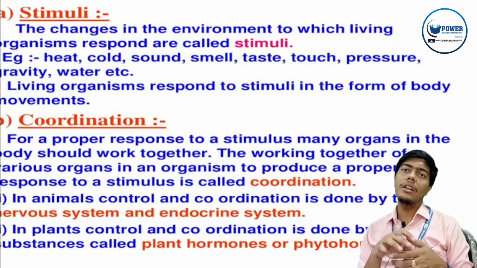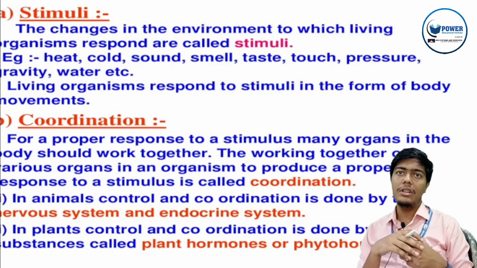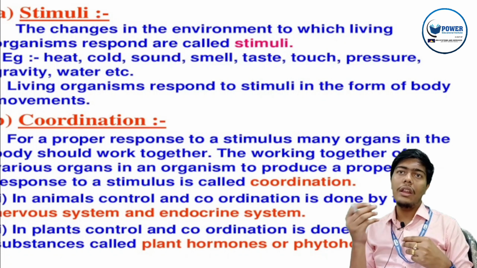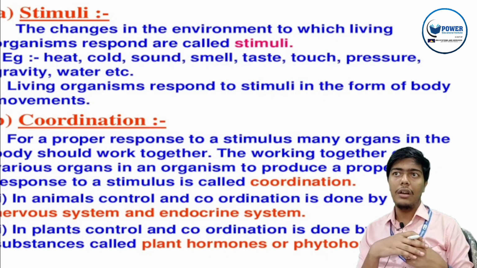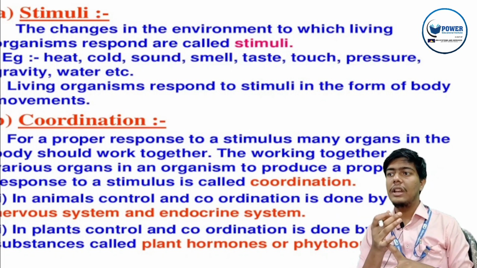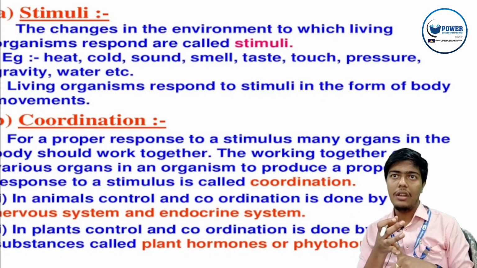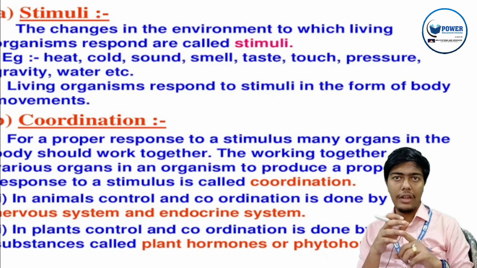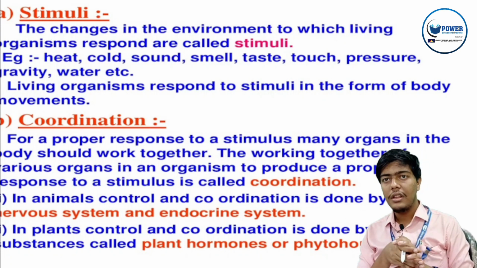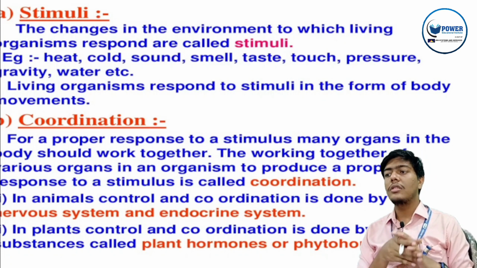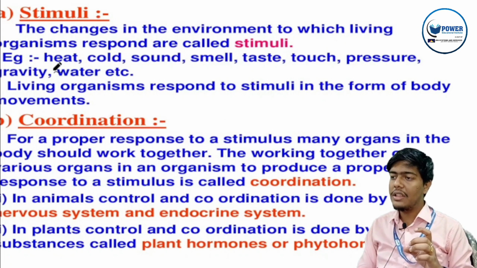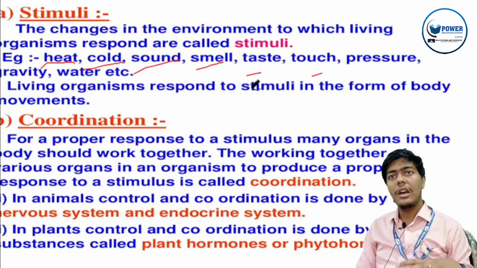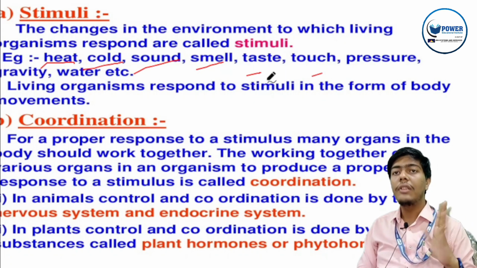Or external, like any weather change during seasonal changes, any change in rainfall, any change in temperature, or any change in other physical factors of the environment can be considered an external stimulus. Examples are heat, cold, sound, smell, taste, touch, etc. All these are stimuli to the living organism.